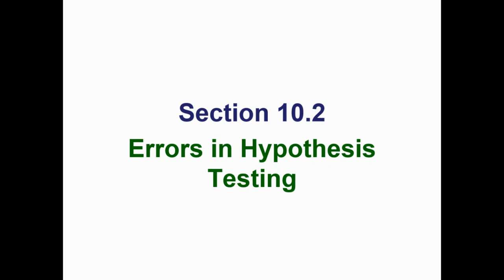So the way to think of an error in hypothesis testing is like you're doing a science experiment and you're watching it and you're like, oh yeah, the temperature is getting colder on the beaker. And you're not even touching it.